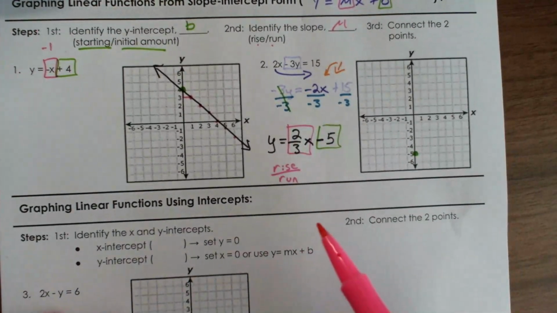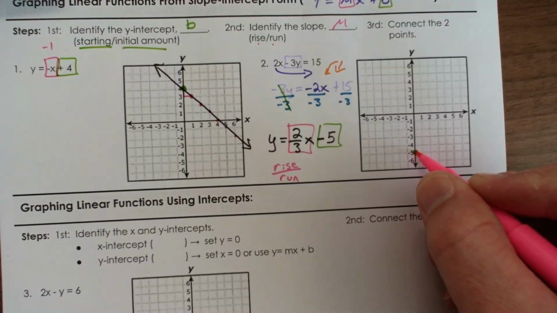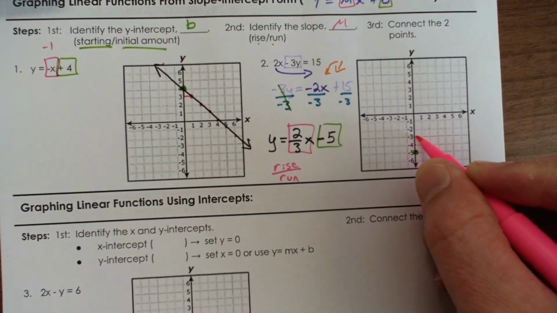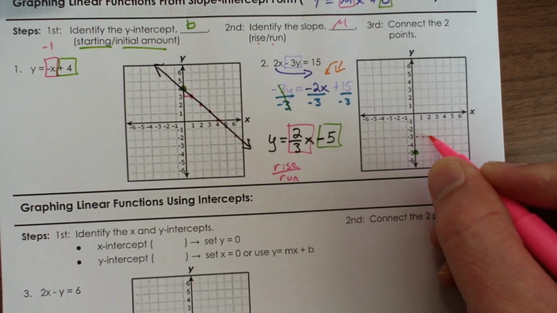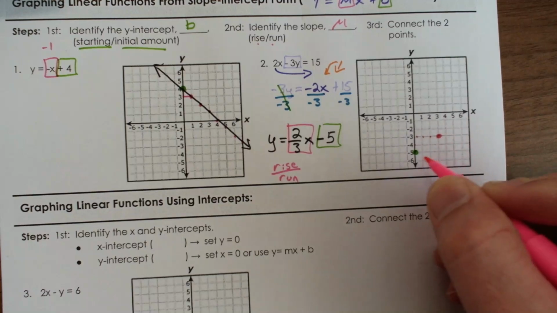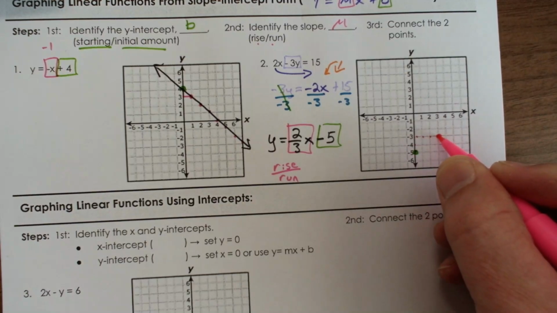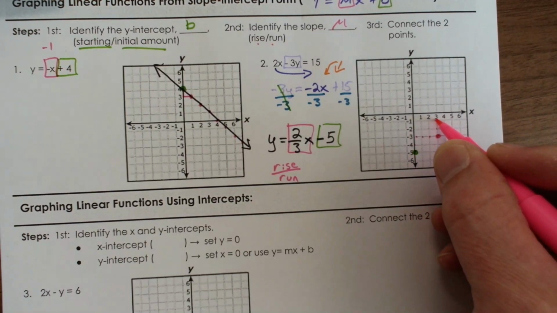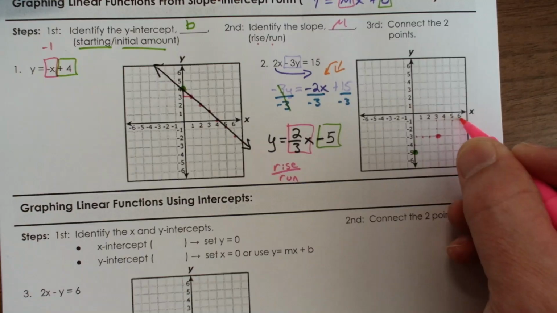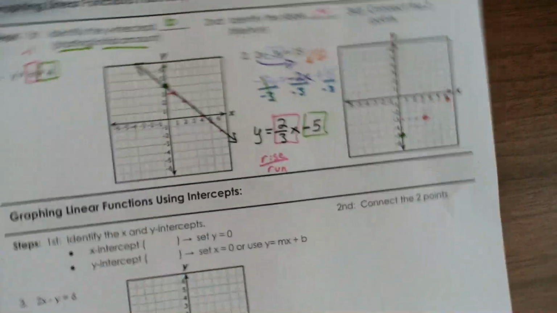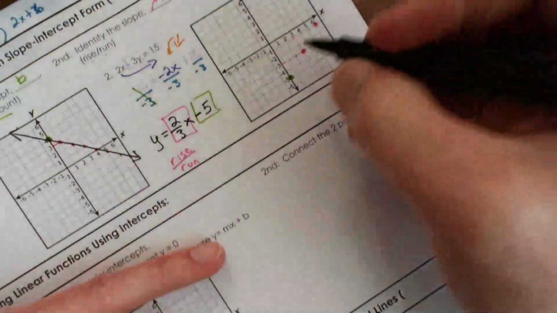So 2/3 means I rise 2, 1, 2, and I run 3, 1, 2, 3. So I went up 2 and I went over 3. And I can make my connection here.